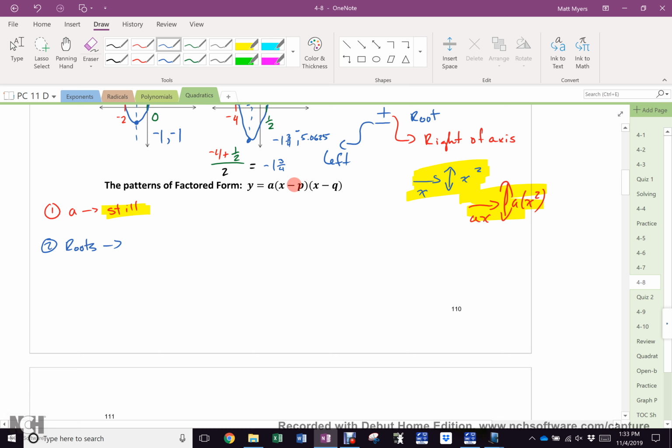Our roots are the opposite. Opposite P and Q. Why are they opposite? Because of that negative sign. That negative sign means so much stuff. That's really one of the most difficult things in math, for you guys to remember that that symbol highlighted in green means so many things.